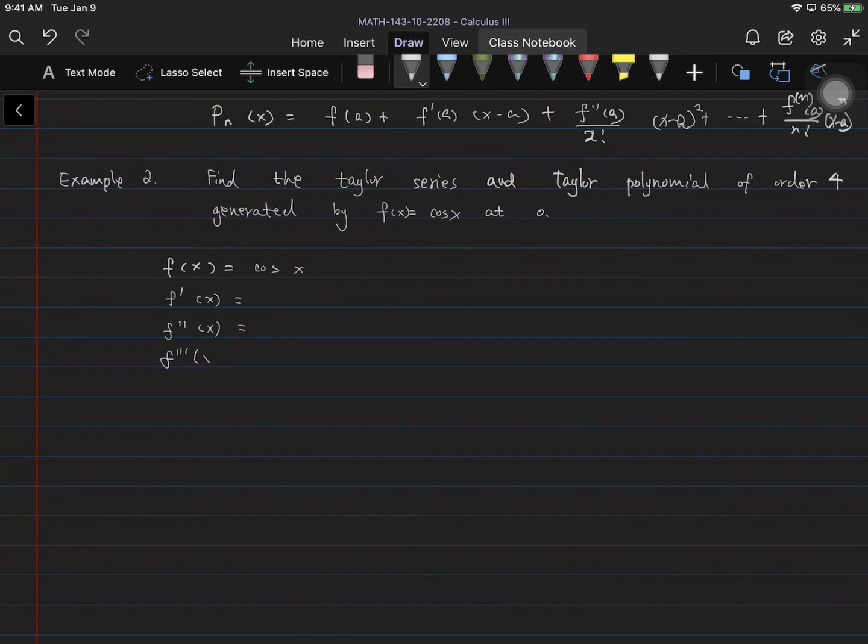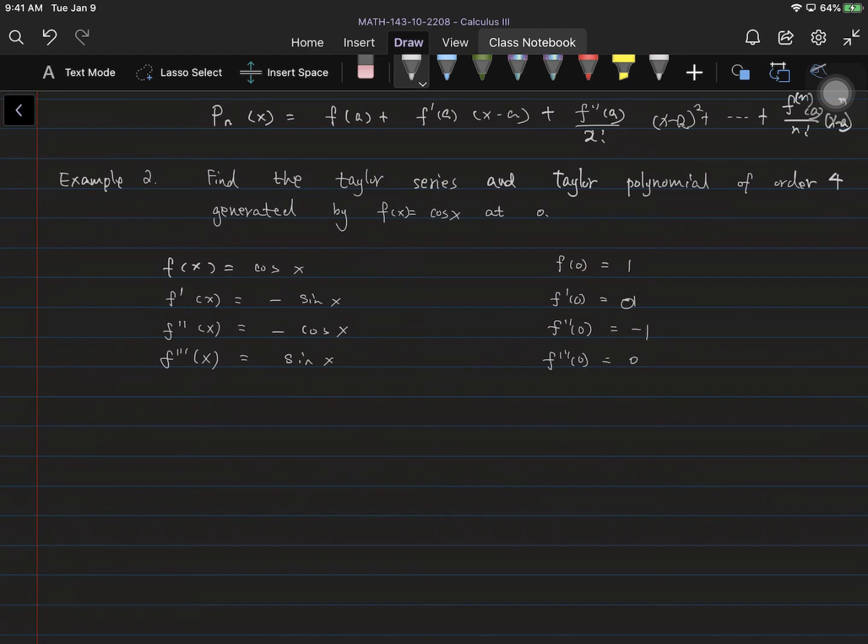We usually just do the first several terms. So f prime should be negative sine, and the derivative of negative sine is negative cosine, and then the next should be sine. And then evaluate them all at 0. Cosine is 1, negative sine should be 0 here, negative 1, and sine should be 0.